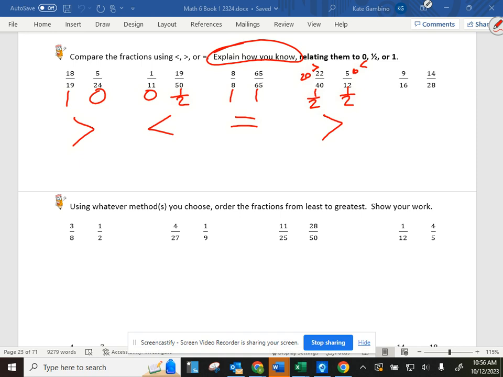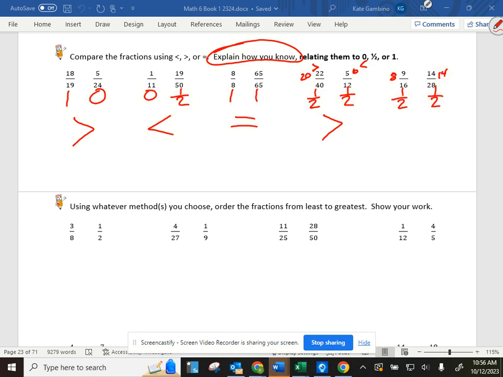And our last one, 9/16 is close to what? A half. Because we know a half would be 8/16. 14/28 is a half because it is actually equal to a half. Because a half of 28 is 14.